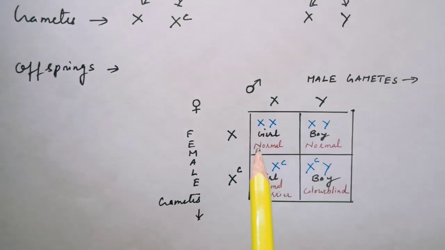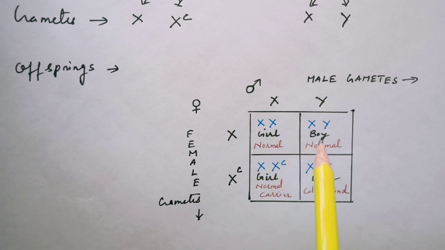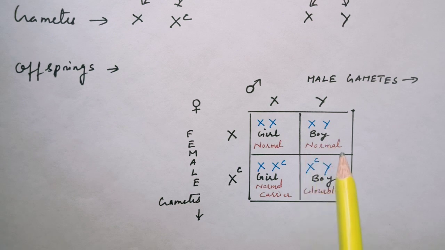To fill up the boxes, we take X from the female side, X from the male side. The combination is XX, a girl with normal vision. To fill up the second box, we take this X from the female side and Y from the male side. The combination gives a boy with normal vision.